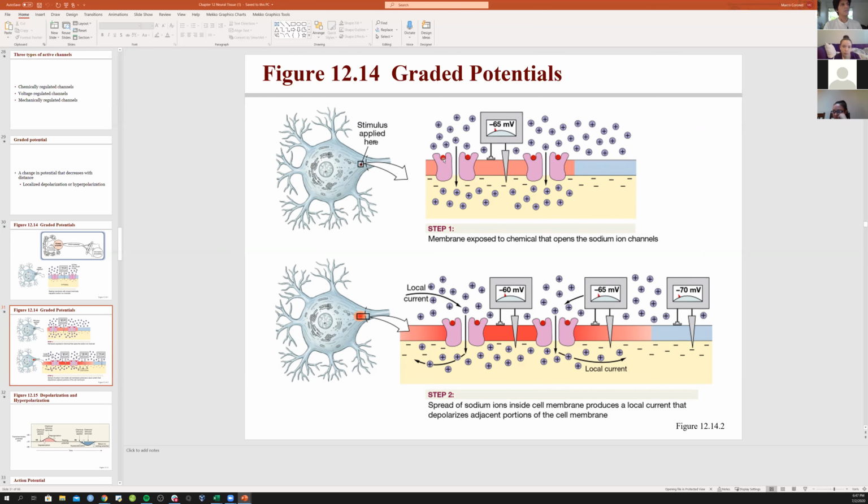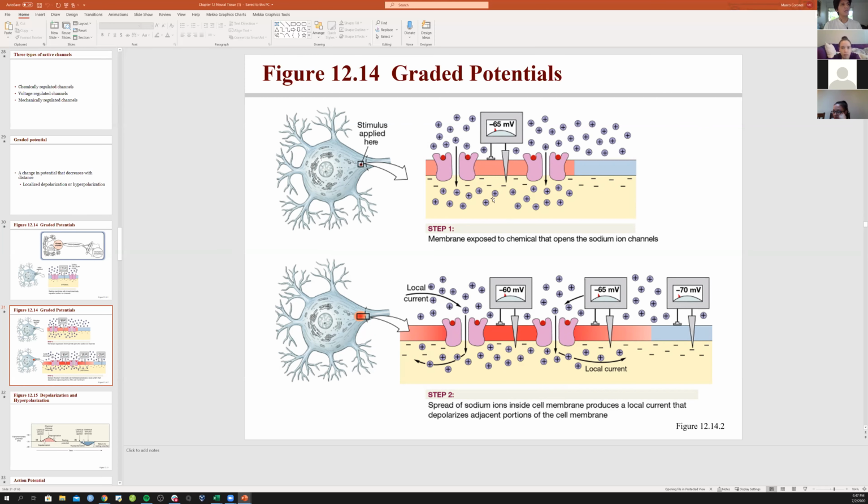This is an acetylcholine receptor. It's a sodium channel, but it's not voltage-gated, it's just an acetylcholine channel. It allows sodium to go through. Sodium rushes into the cell.